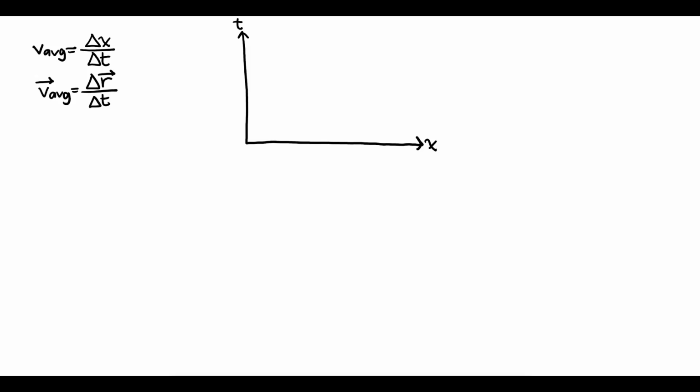So we discovered that for a position versus time graph, this is x and this is t, the average velocity is just the slope of the line connecting 2 points. So imagine an object moving in such a way that the position as a function of time is shown by this graph.